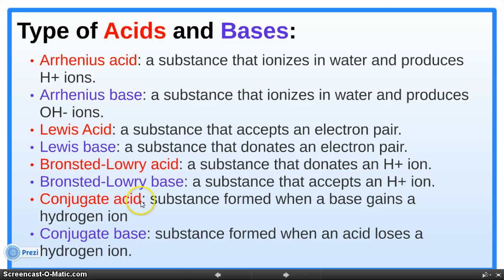Conjugate acids are substances formed when a base gains an H+ ion. Conjugate bases are substances formed when an acid loses an H+ ion.